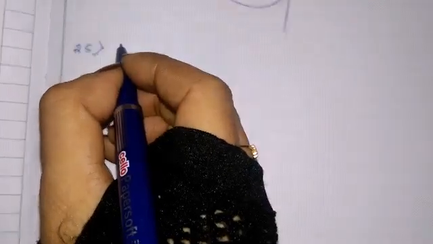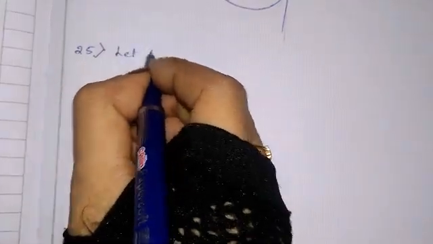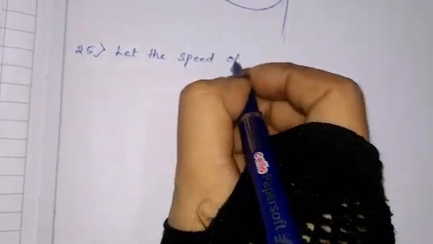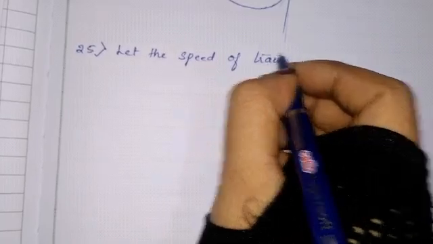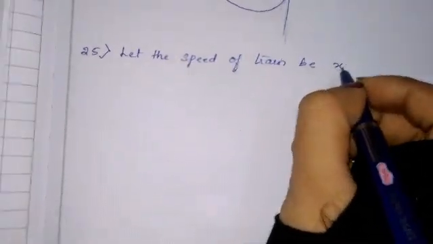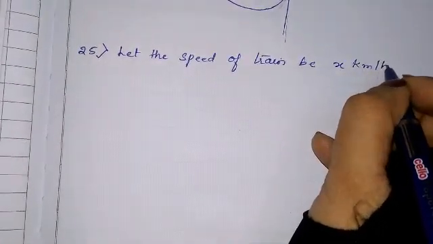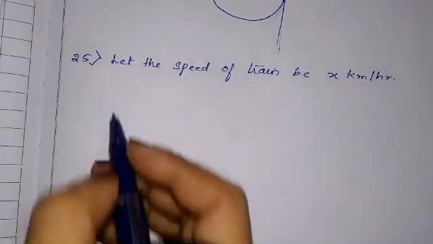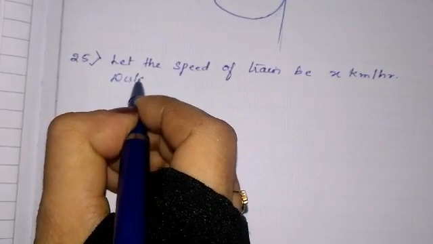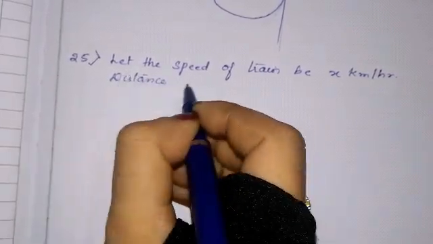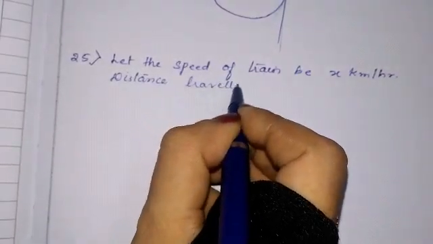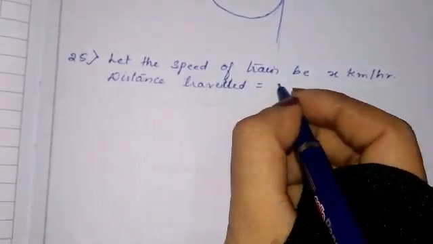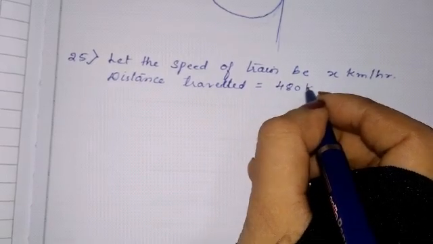We don't know what the speed of the train is. Let the speed of the train be x kilometer per hour. Then the total distance to travel is 480 kilometer.